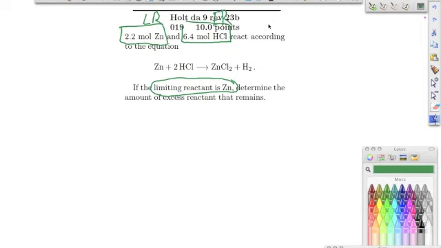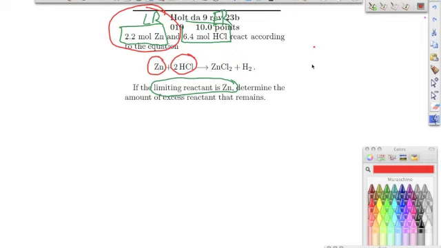So it wants to know how much of that excess reactant do we have left over. So first we have to figure out how much we actually use. To do that, we're just going to do a mole to mole conversion between zinc and HCl, starting with our limiting reactant. Because remember, once we figure out what the limiting reactant is, we always start with that. So we're going to go ahead and do a mole to mole conversion.